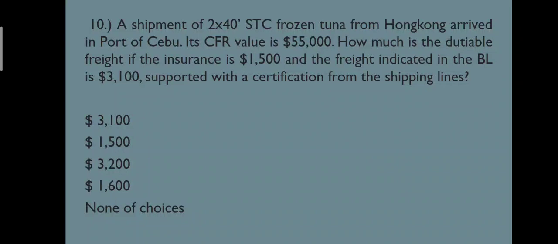Next, number 10. A shipment of 2x40 STC frozen tuna from Hong Kong arrived in the port of Cebu. Its CFR value is $55,000. How much is the dutiable freight if the insurance is $1,500 and the freight indicated in the bill of lading is $3,100, supported with a certification from shipping lines?